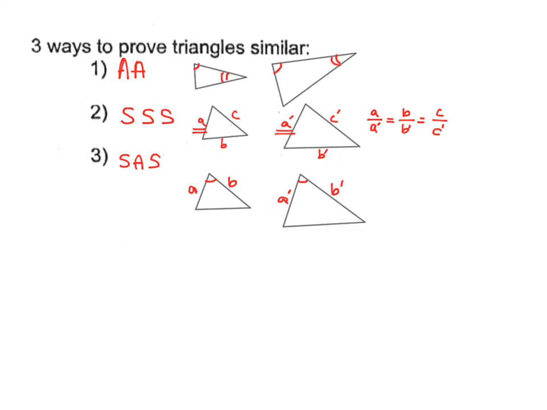So number 3 in one way is a mixture between number 1 and number 2. So it has to have two conditions: A over A prime is equal to B over B prime, but at the same time, the angles are the same. Now, that's how we can prove the two triangles being similar to each other.